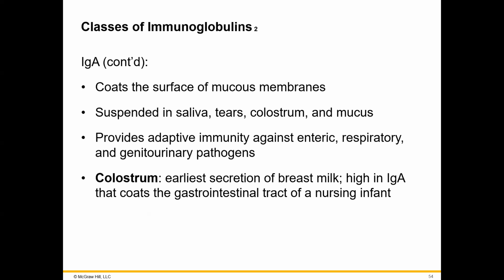These antibodies form a protective coating in the gastrointestinal tract of a nursing infant that guards against infection by a number of enteric pathogens like Escherichia coli, Salmonella, poliovirus, rotavirus, etc. This is one of the reasons that new mothers are encouraged to nurse the newborns at least for a few weeks to take advantage of the immune properties of this first milk.